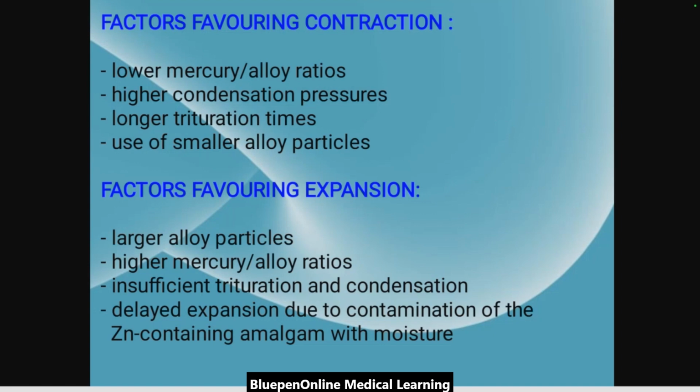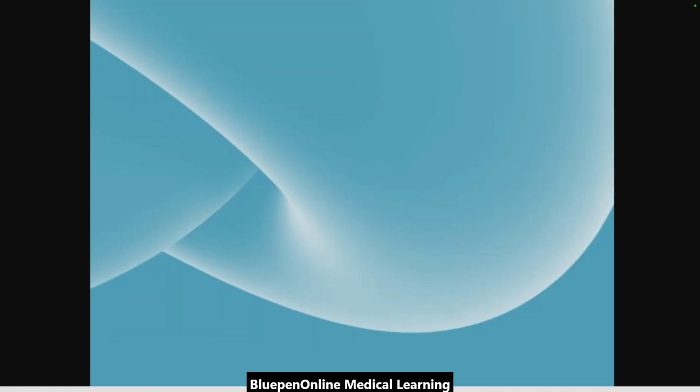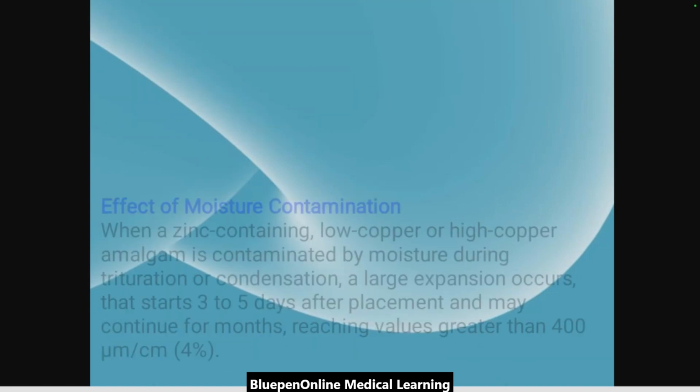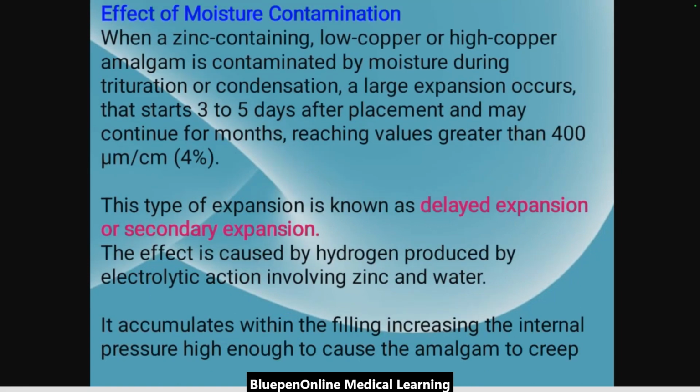It reacts with the moisture during mixing or during condensation in the oral cavity. If proper isolation is not done when you are filling the cavity with amalgam, then delayed expansion can be seen. These were the factors which contribute to expansion or to contraction.